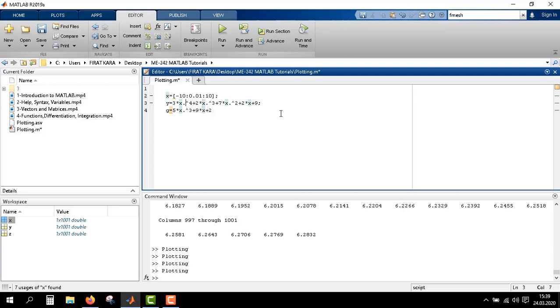Okay, I think let's check the syntax. 3 times x to the power of 3. Okay.